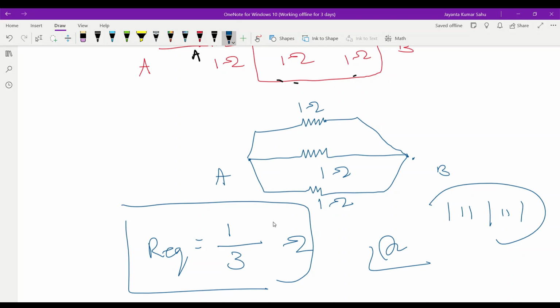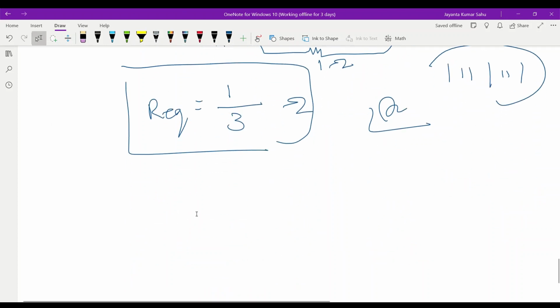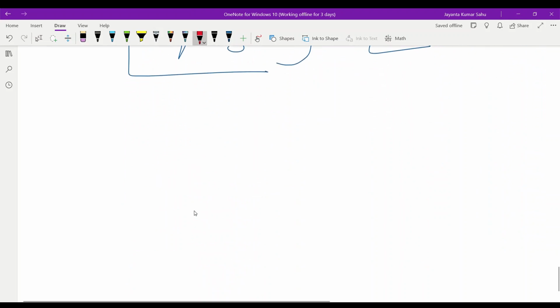Then another problem we will solve now. Next problem, I think this is question number 4. Find RAB.